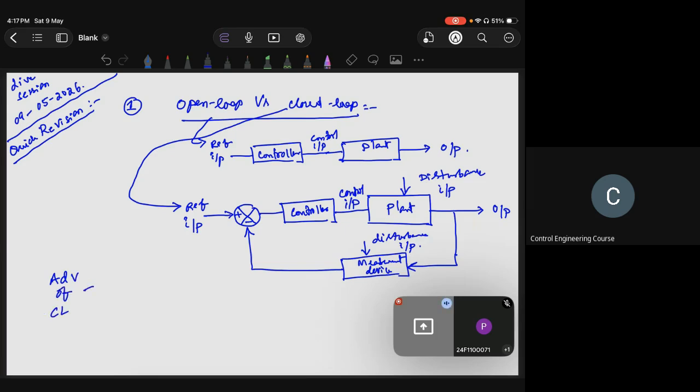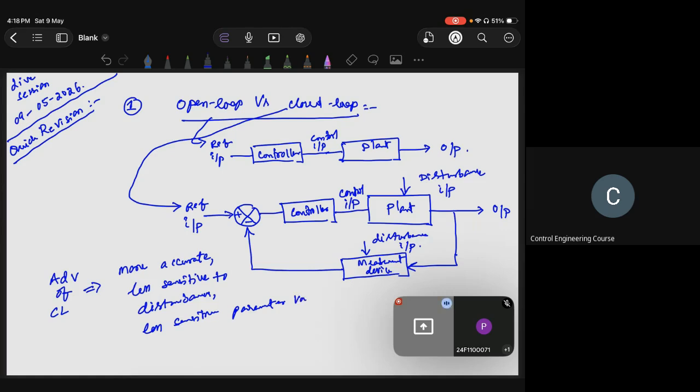They are more accurate, less sensitive to disturbances, and less sensitive to parameter variations.